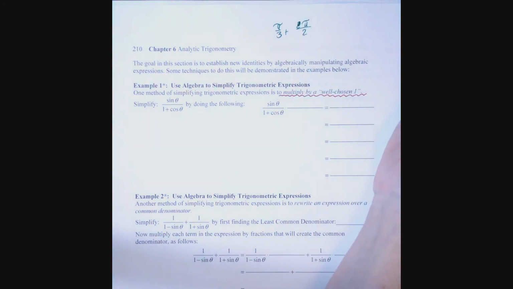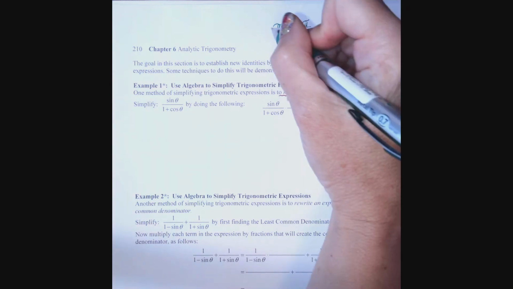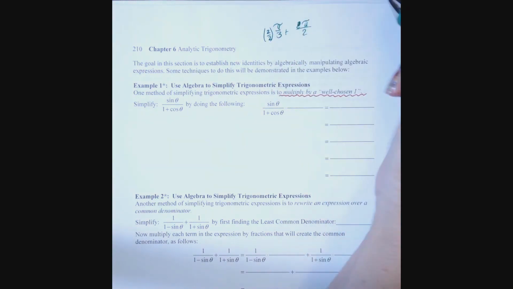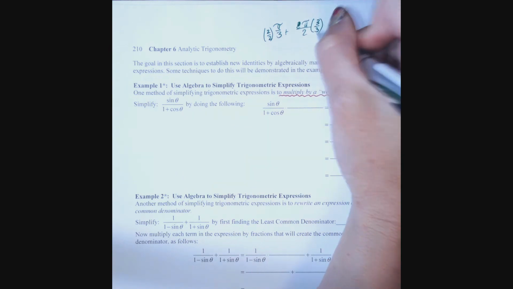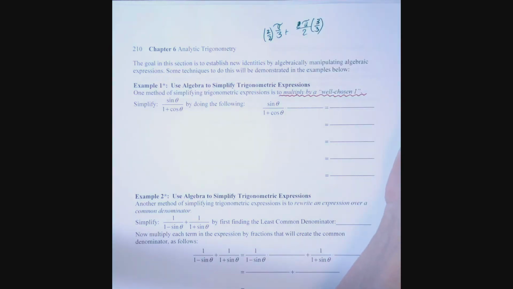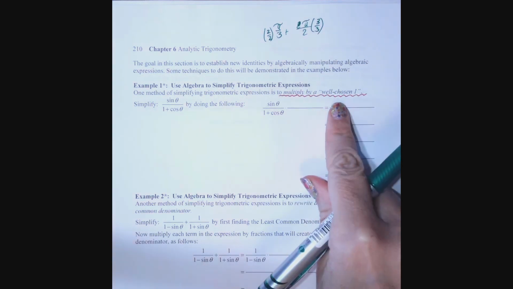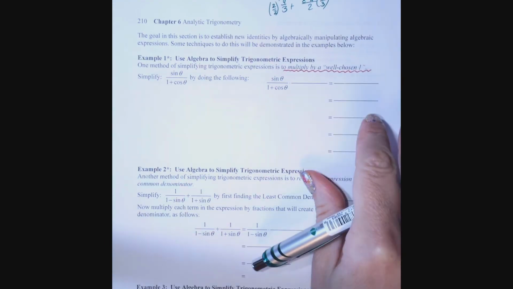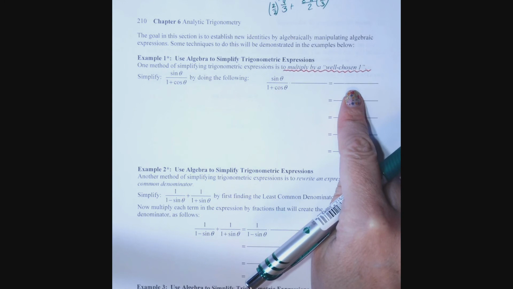If I need to add pi thirds and pi halves, I need a common denominator of 6. I'm going to use a well-chosen 1 of 2 over 2 and a well-chosen 1 of 3 over 3 to get my common denominator.